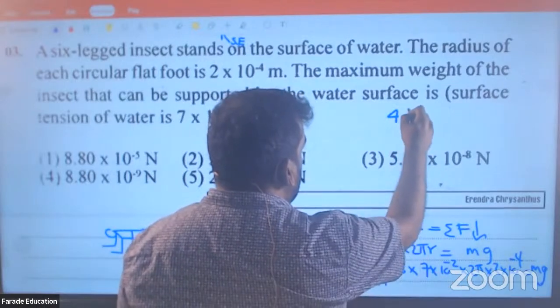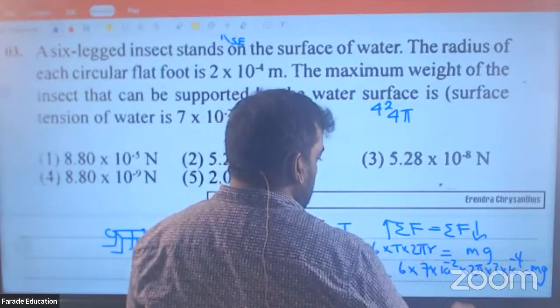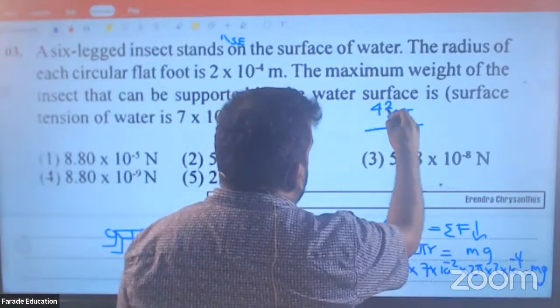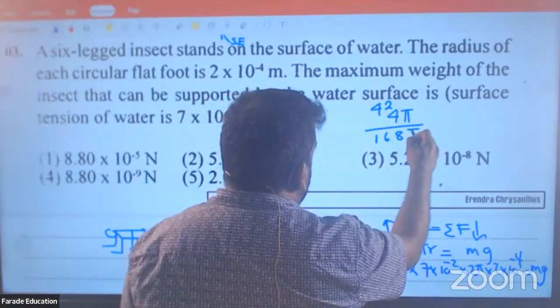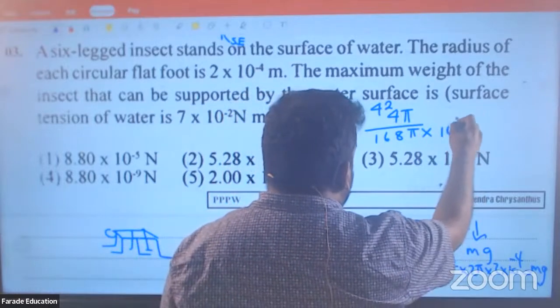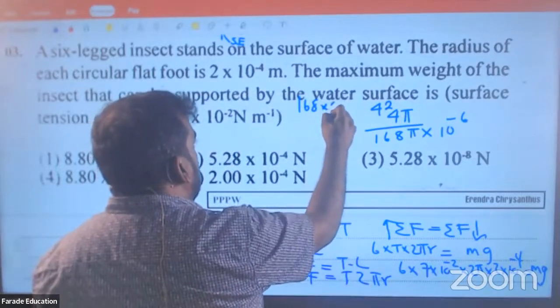Here 4 pi into 42. 6 times 7, 42. 4 pi. Here you have 8, 16, 168 pi × 10 to the power minus 6. 168 pi means 22 over 7.